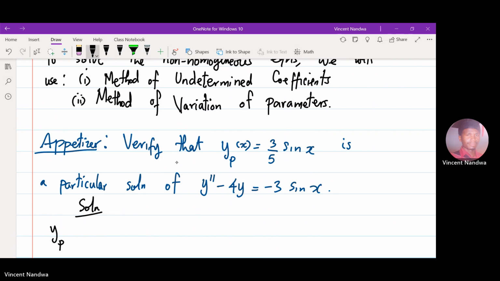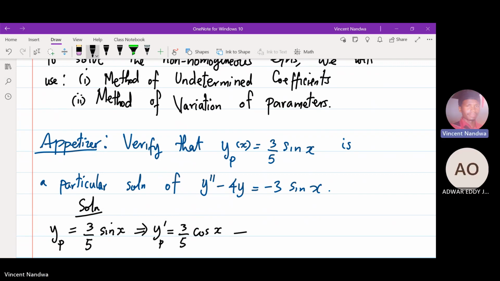So y_p is given by 3/5 sine x, which implies y_p prime will be given by 3/5 cosine of x, which means the second derivative of y_p is minus 3/5 sine x, correct.